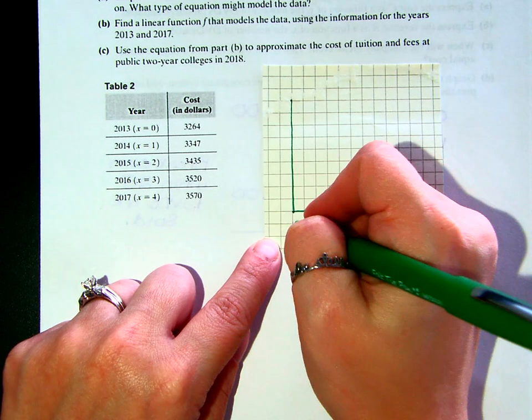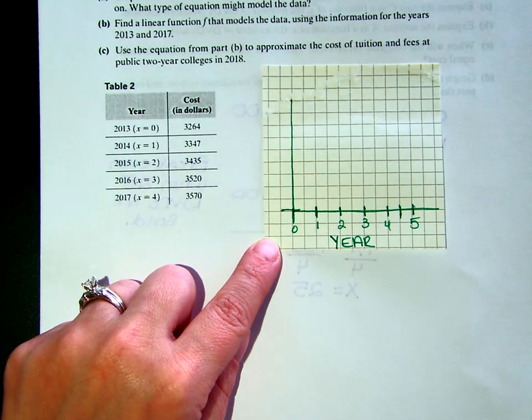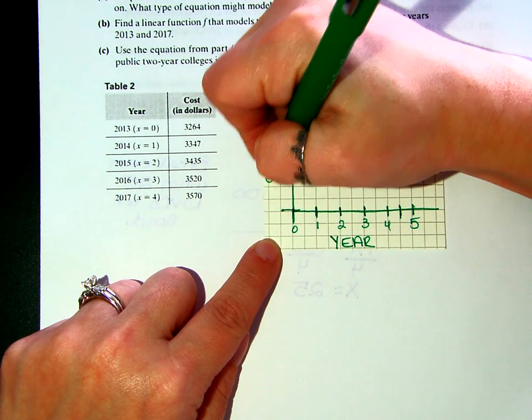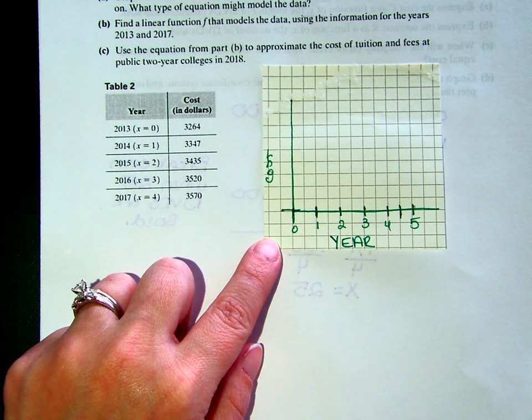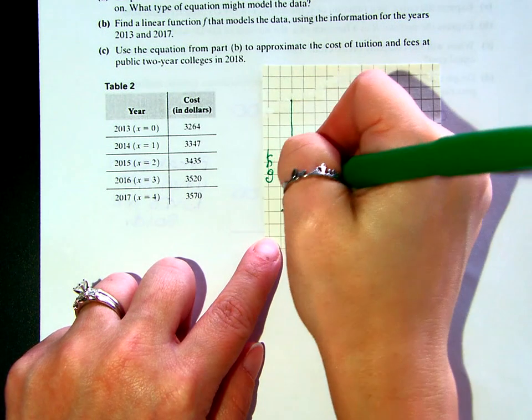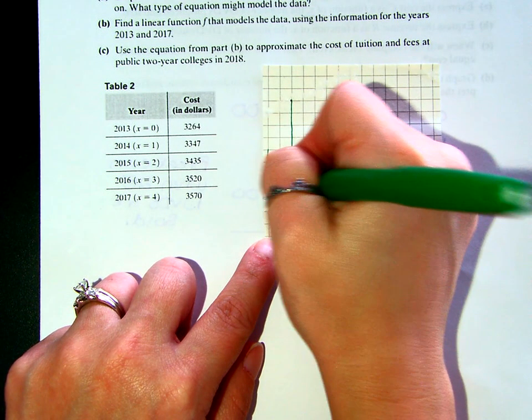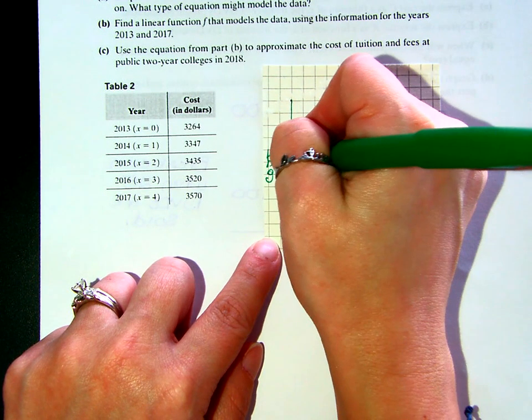And then on the side will be our cost. Now our cost goes from $3,200 to $3,570. So I'm going to do thousands, I guess. That's why Pearson does multiple choice for a lot of these, because depending on what scale you're using will determine what your graph looks like.